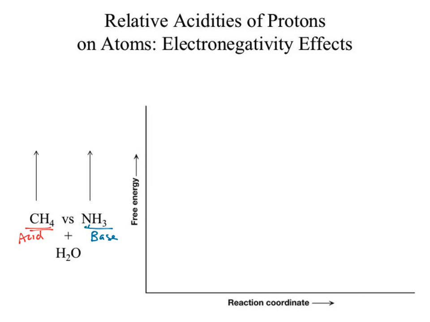No. If I'm doing a comparison, I need to make sure I'm comparing the exact same thing. Because the ammonia will typically act as a base and the methane will typically act as an acid, which one will switch? Should I look at methane as a base, or should I look at ammonia as the acid? Why ammonia is the acid and not methane as the base?